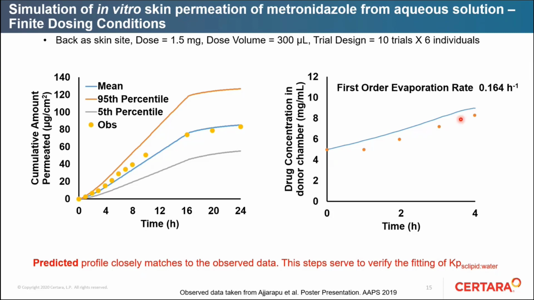This is the concentration which Professor Murthy measured in their lab from the aqueous solution. So we fitted a first order evaporation kinetics. We put that into the model, and the model was able to capture the permeation profile. That gave us a bit of confidence that the fitted KP parameter was verified with an additional data set of finite dose condition.